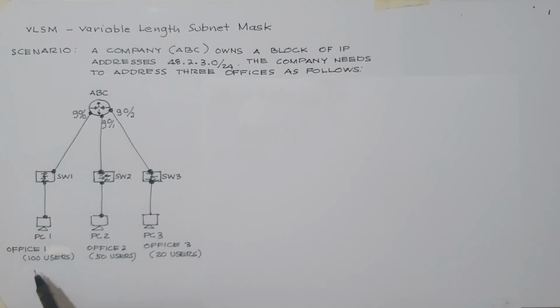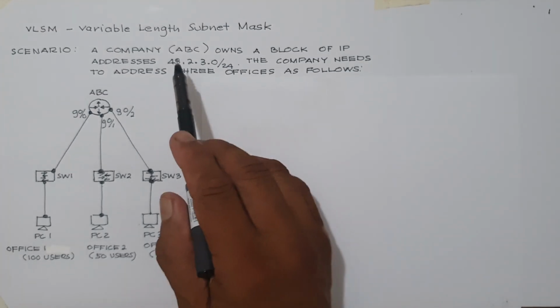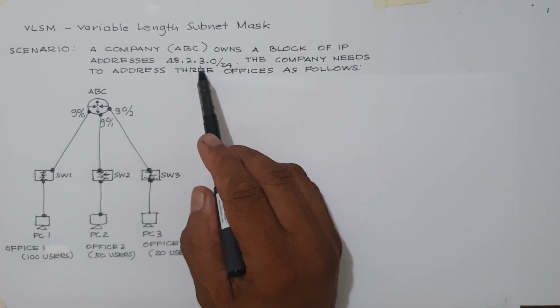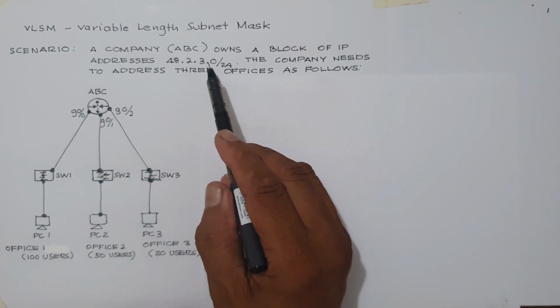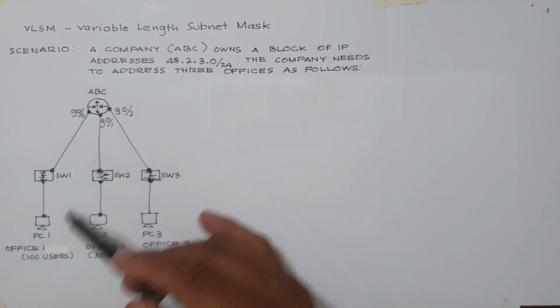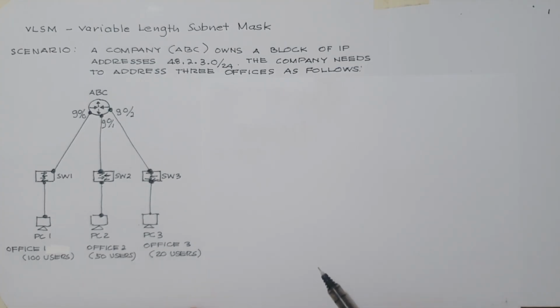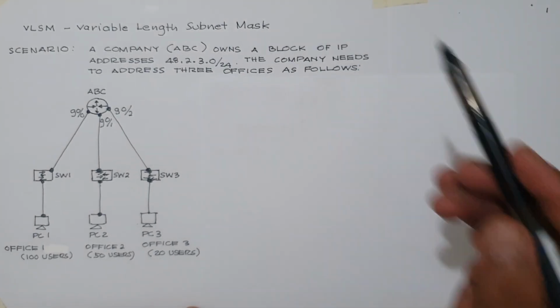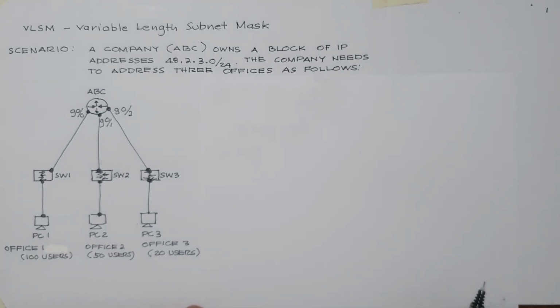Office 1 with 100 user requirement, Office 2 with 50 user requirement, and Office 3 with 20 user requirement. And the company owns this block of IP addresses. So we are going to subnet this so that the requirements will be supported using this block of IP addresses.